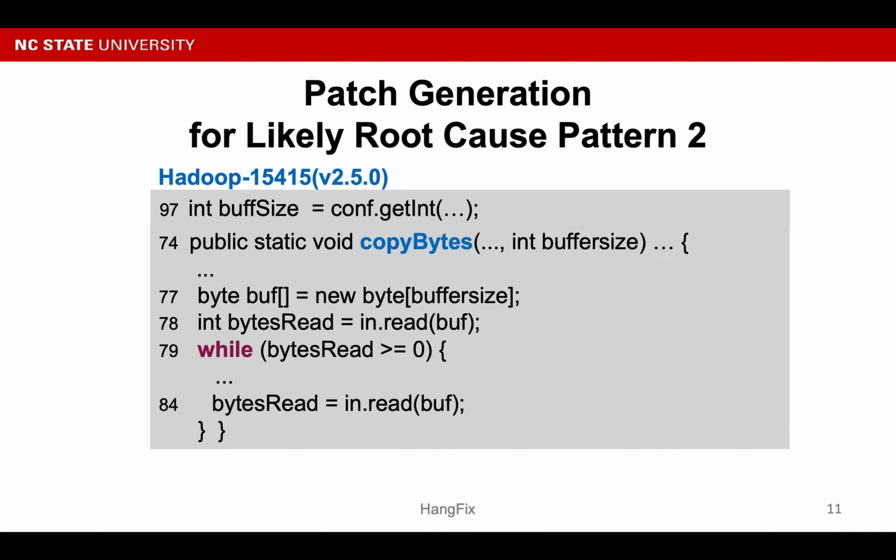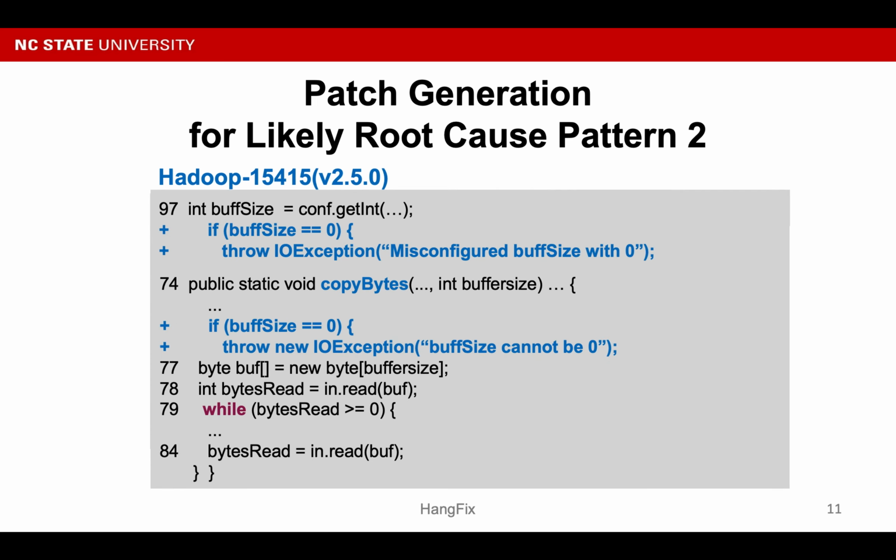To patch this bug, we insert checkers for the buffer size parameter. After analyzing the loop body, we find that if the buffer size parameter is non-positive, the infinite loop happens. Also, the buffer size variable is used as an array size at line 77, so the buffer size variable should be non-negative.